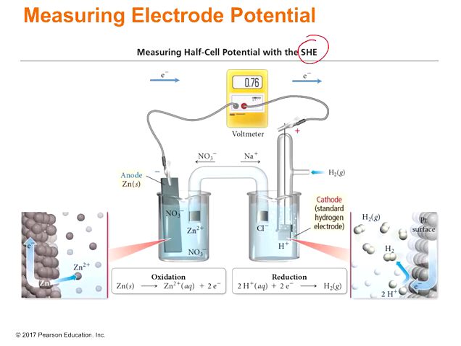On the left-hand side, we have zinc as our example, and it's being oxidized, which we said was a spontaneous process. So zinc is going to lose 2 electrons, and the hydrogen electrode is going to be reduced. Any hydrogen ions in solution are going to gain electrons and then produce hydrogen gas.